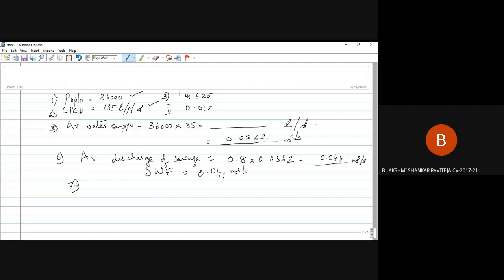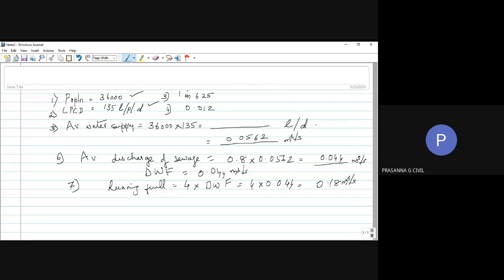So while running full, how much dry weather flow are we expecting? 4 times whatever you have calculated. 4 times 0.045, ma'am. So 0.18 meter cube per second.